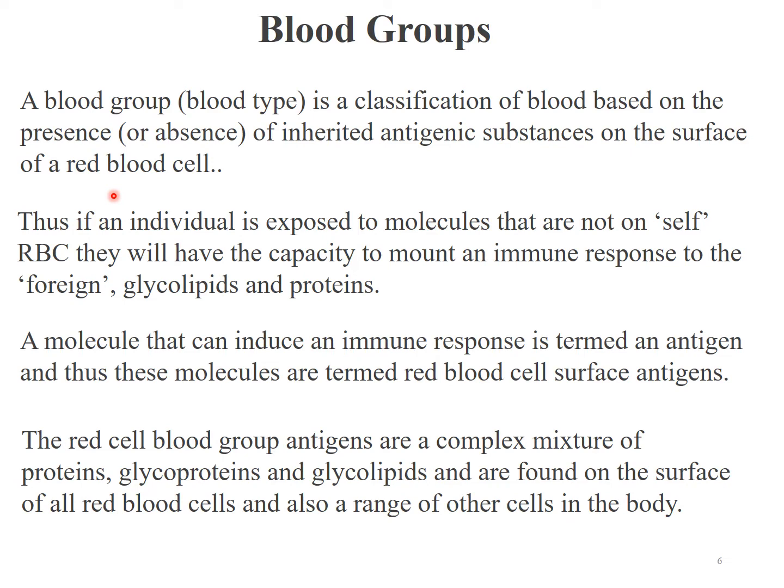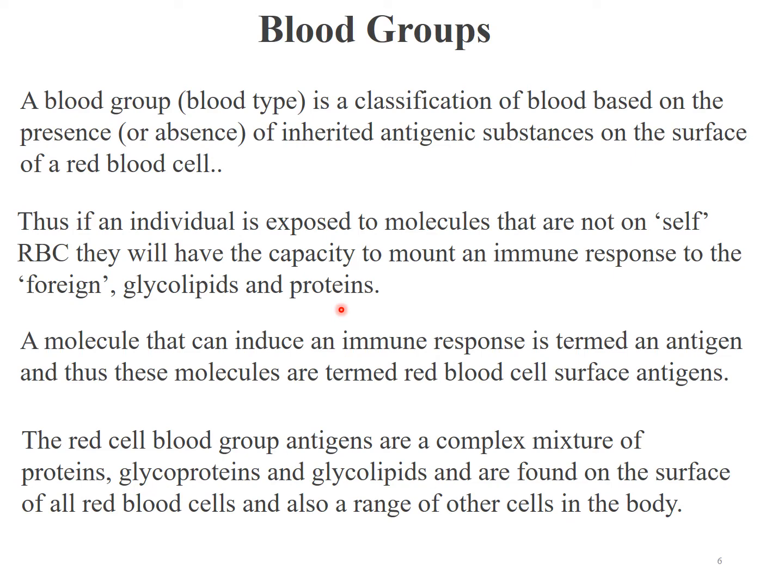When an individual is exposed to foreign molecules, in this case a different type of blood cell, your body is capable of mounting an immune response towards that foreign body, specifically towards the glycoproteins on the surface of the red blood cells.